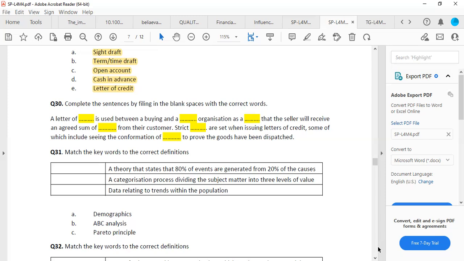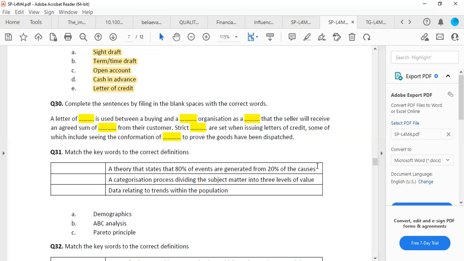Strict rules are set when issuing letters of credit, some of which include seeing the confirmation of payments, and documents to prove the goods have been dispatched. Okay.